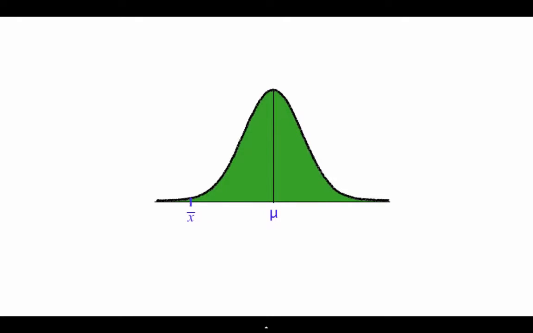And there's a probability that it will show up somewhere, the sample mean will be somewhere in this green area. With a one-tailed test, there's some probability that the sample mean will be in the green area. And I'm going to use a 95% probability. And that means there's a 5% chance the sample mean will show up in the red area. This red area is often known as alpha, the Greek letter alpha.